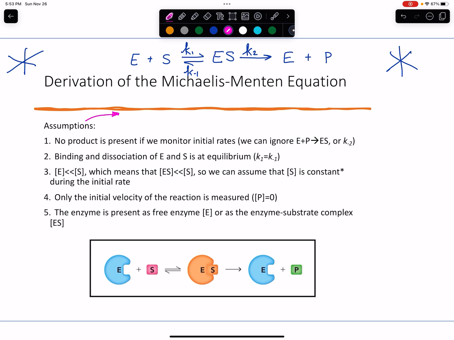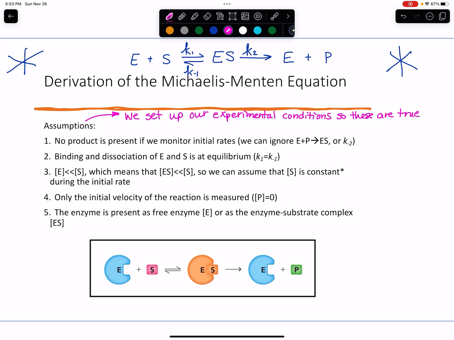So we set up our experimental conditions so these are true.